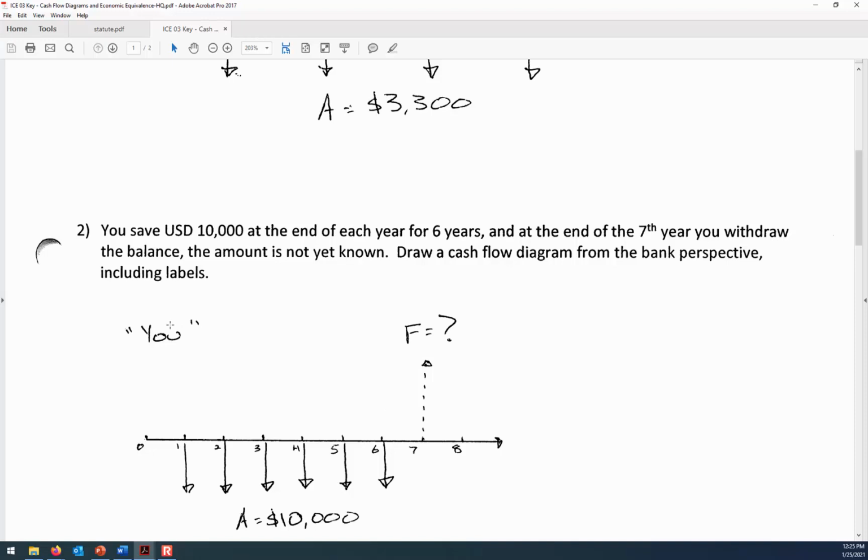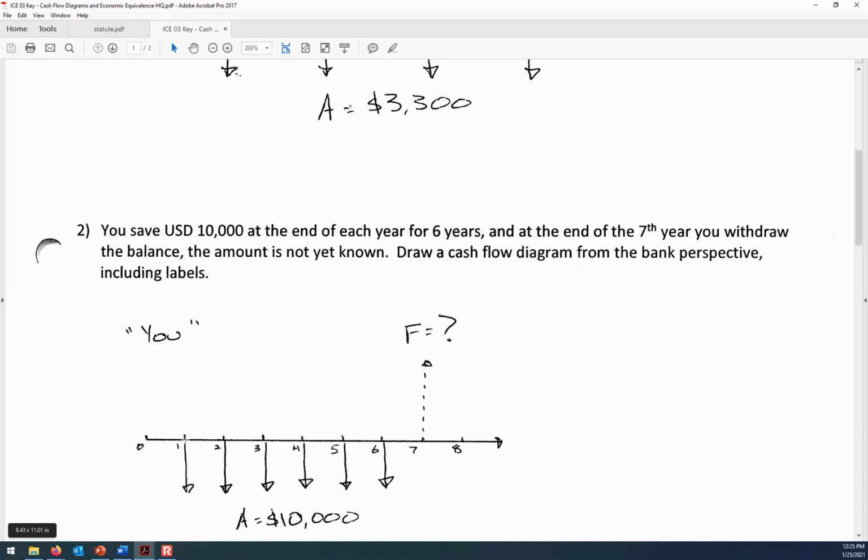And sometimes when it talks about, like, at the end of the 7th year, keeping track of what year it is can be a little bit tricky, because time 0 is here, the present. The first year is between 0 and 1, so it's a period. The first year is this segment from 0 to 1, and so the end of the first year is at the number 1.